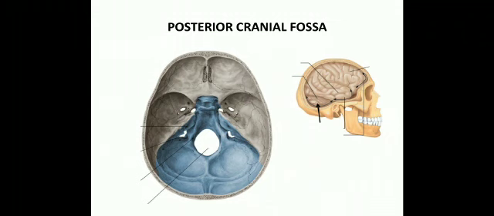Now the posterior cranial fossa is the largest and deepest of the 3 cranial fossae. It contains the hindbrain that consists of the cerebellum behind and the pons and medulla in front.